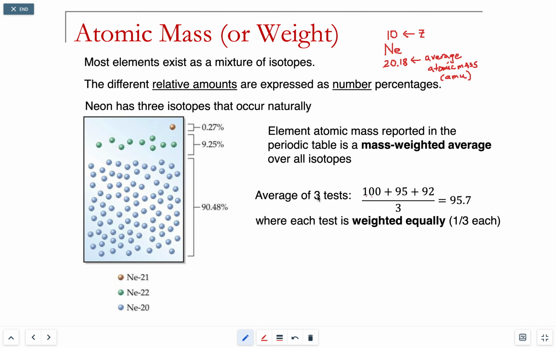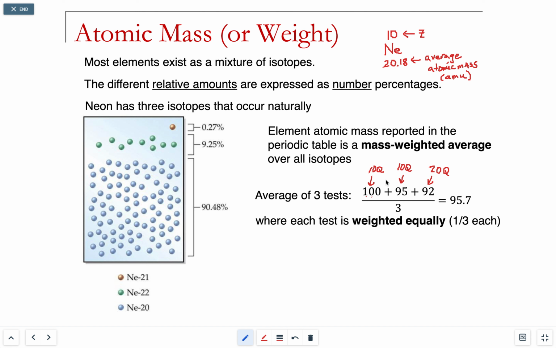Now, what if the instructor of the chemistry test finds that he doesn't think that the tests should be weighted equally because the number of questions is different? Let's say we have 10 questions for the first test, 10 questions on the second test, and 20 questions on the third test.